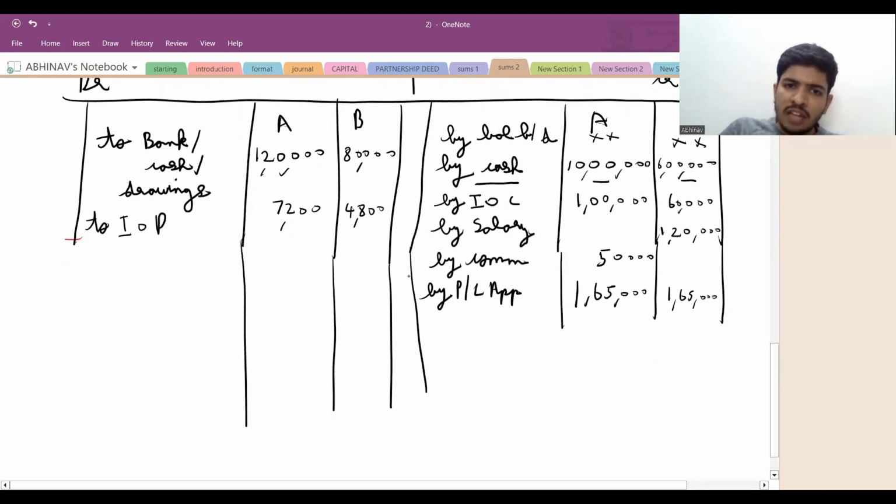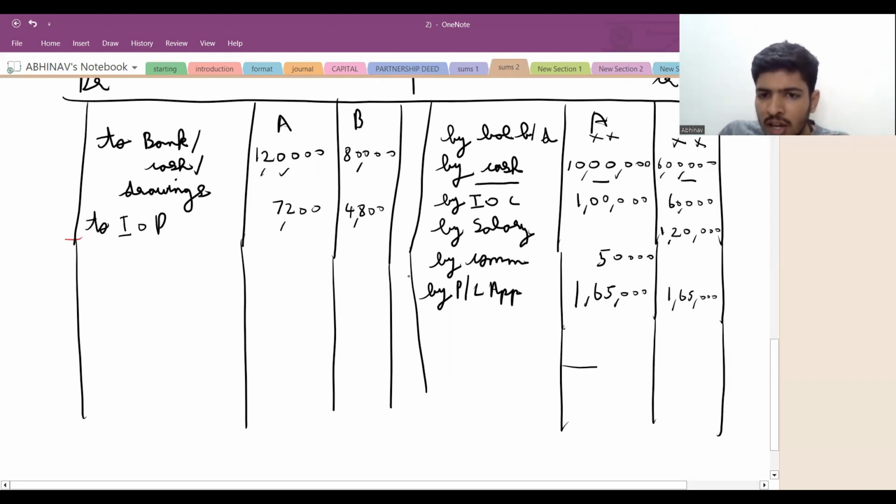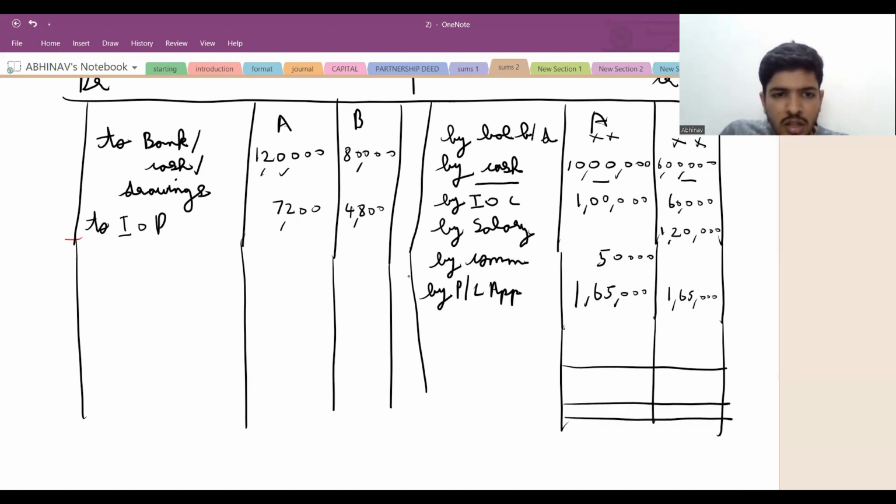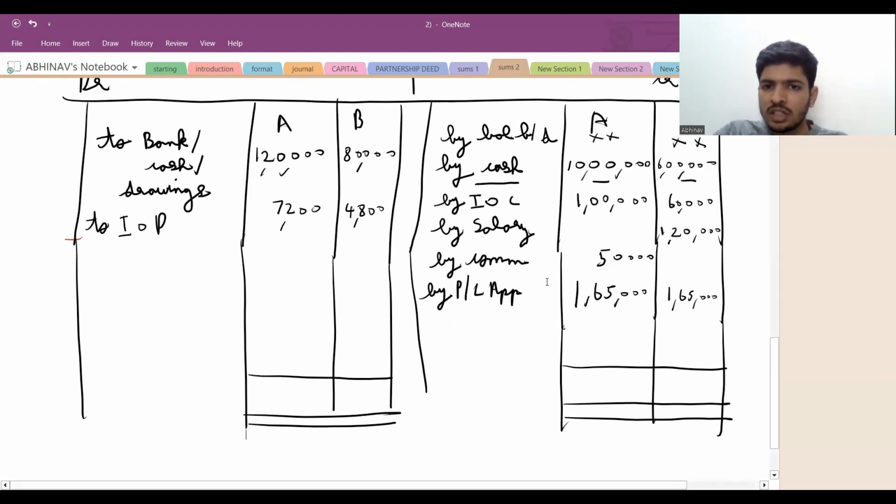You can use a scale if you want, but if you can draw a straight line without a scale, that is also fine. Now again, same technique I mentioned before for P&L appropriation. Both sides: clear cut, it's seen that this side is more in both cases. So add this side totally.